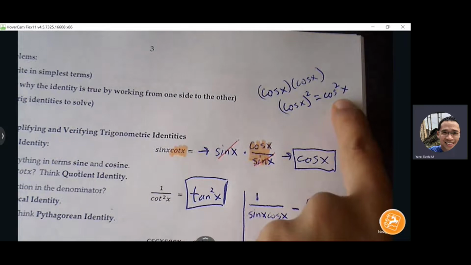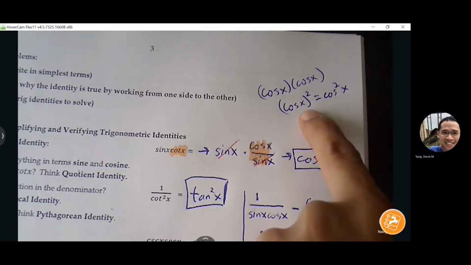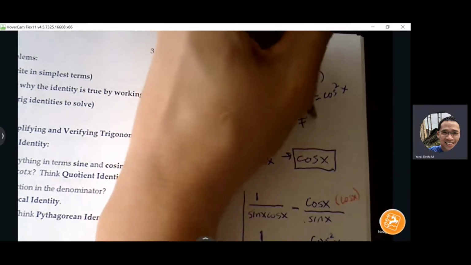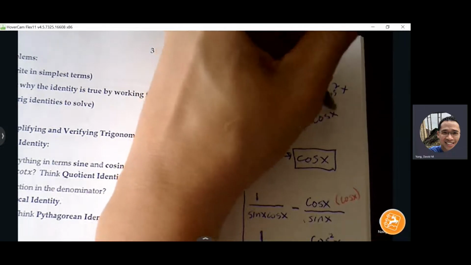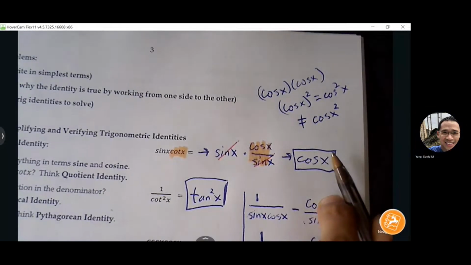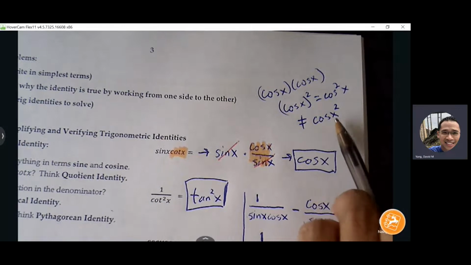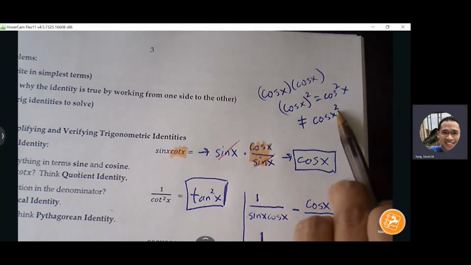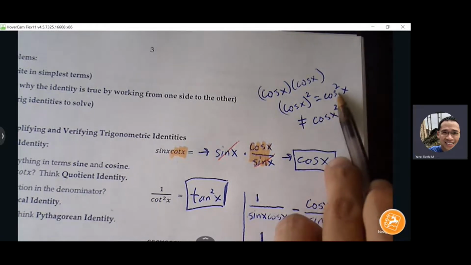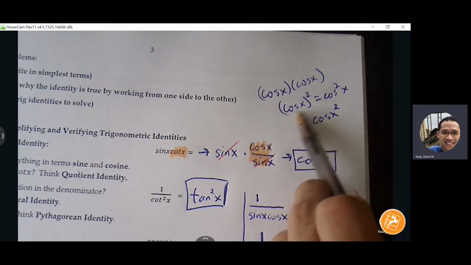We write it this way typically so that we don't have to use parentheses. However, that's not the same thing as cosine of x squared. Okay, do we see that distinction there? Because that squared is just next to the x, that means you're only squaring the x, but it's not touching the whole trig function. The squared there indicates the whole trig function is squared, but you can also write it with parentheses as well.